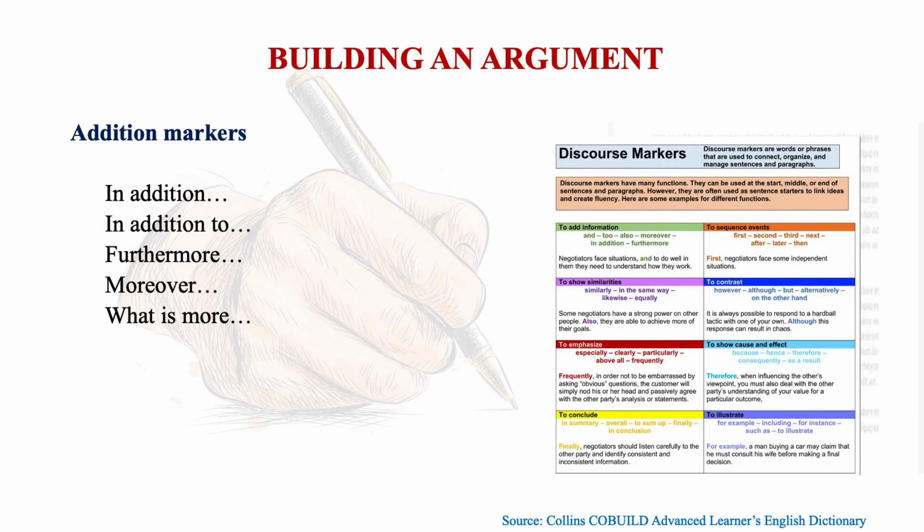If you want to add information to your paragraph, apart from whatever you have written, then you can make use of phrases such as "in addition," "in addition to," or "furthermore," or "moreover," "what is more." So these are very informative additional markers for all of you. You must learn all this in order to express additional information.